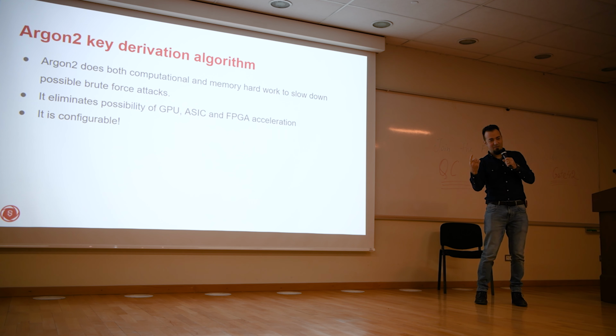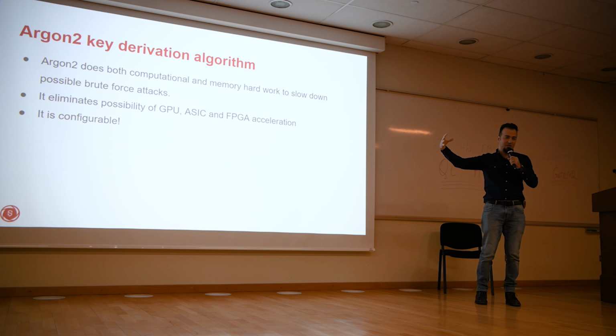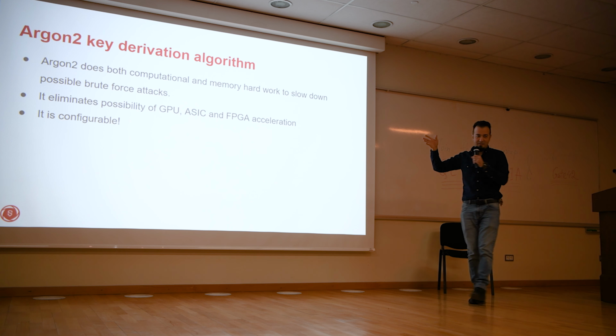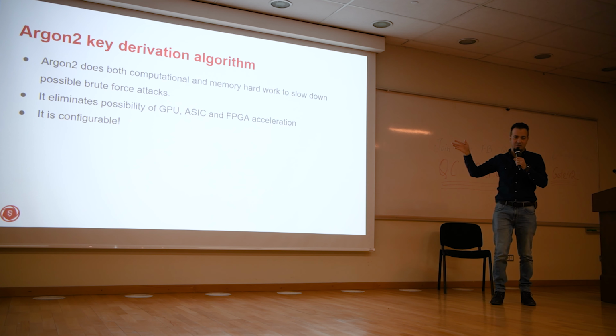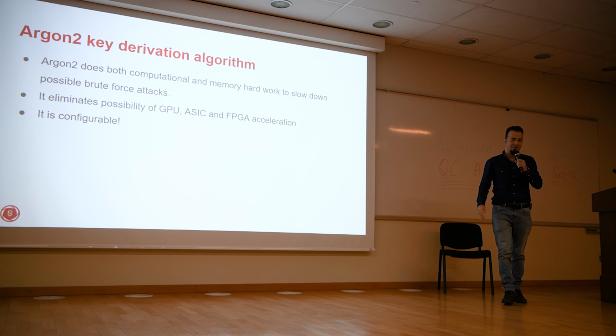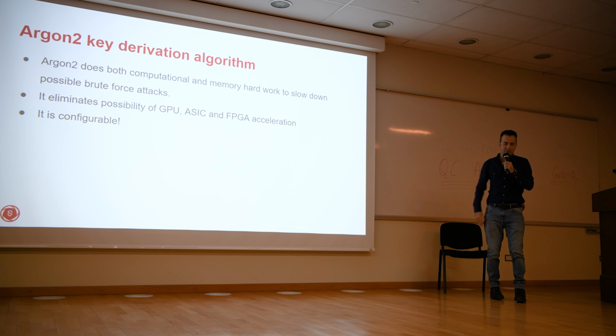For each one of these computations, you need a certain amount of memory, and this just obliterates all GPU, ASIC, and FPGA acceleration. And it means you need to use your plain old CPUs, which are pretty slow, which makes it really infeasible to even try brute force attacks.